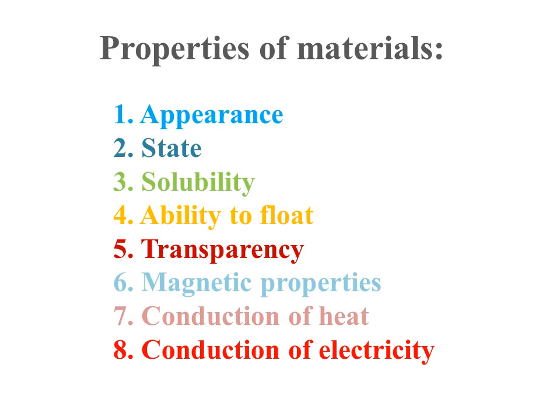Some materials, after passing light through them, we can see the other side clearly, but in some materials, after passing light, we cannot see the other side. So on the basis of transparency, we can divide materials into three: transparent, translucent and opaque. You have also read that in class 5.